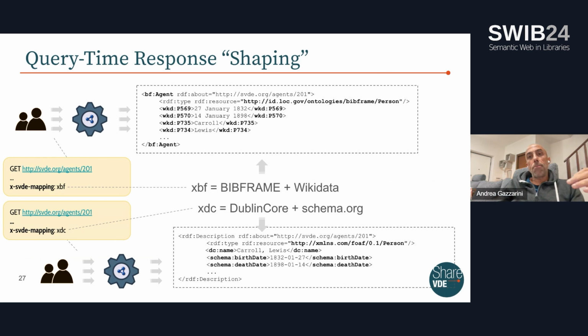So we could say, give me agents 201 using the XBF mapping, but I want in the results only the contributions of libraries B, C, P, and F. Okay, so this is very powerful in our opinion, because again, everything happens in real time, and we no longer need an RDF store.